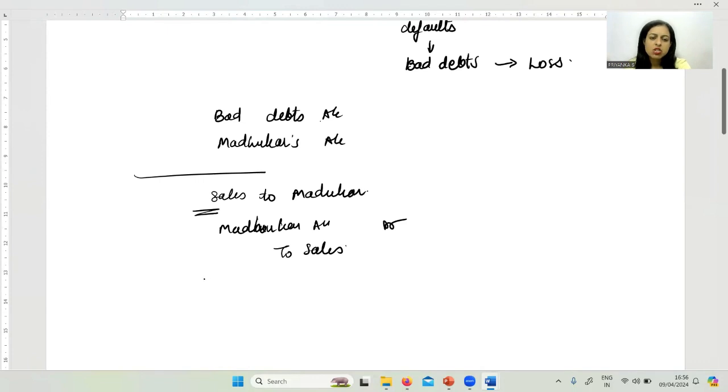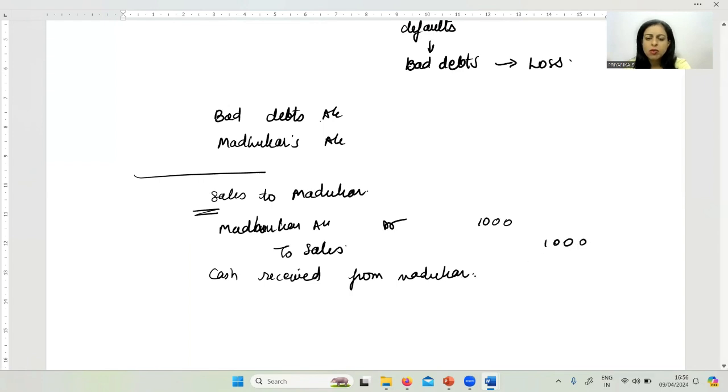Now, if cash is received from Madhukar, will you again write sales? No. Cash received from Madhukar means against this amount receivable, suppose it was 1,000, I received the full value.